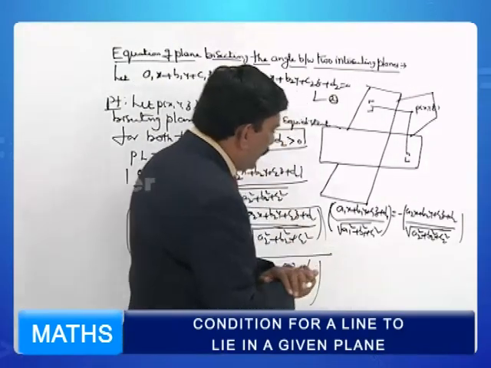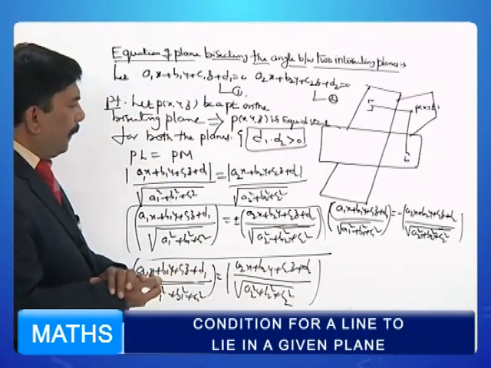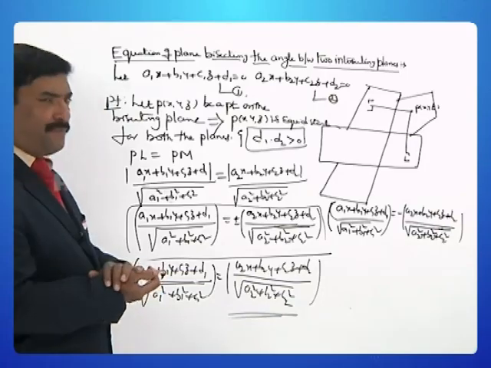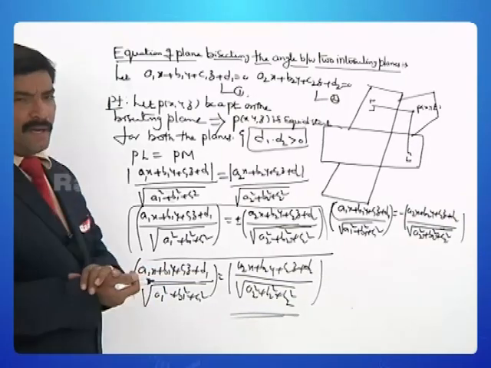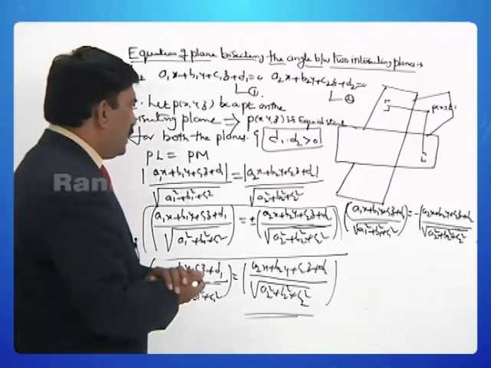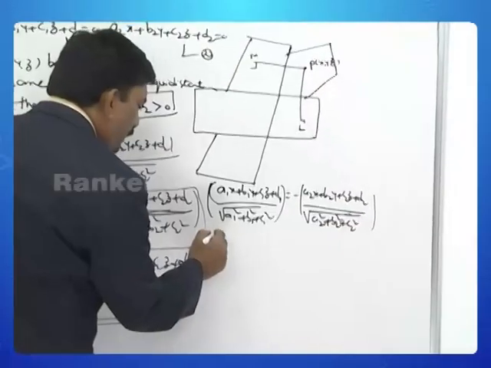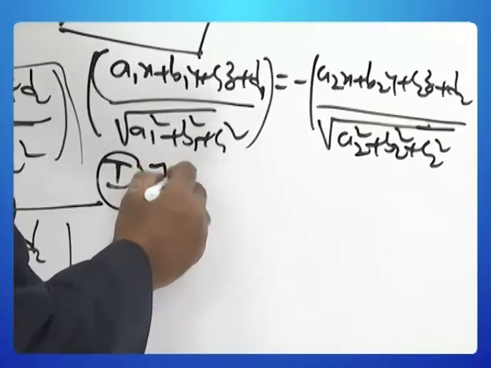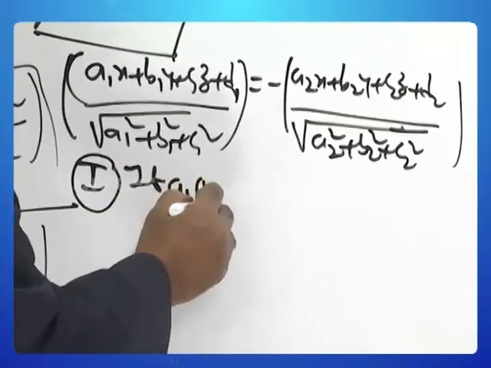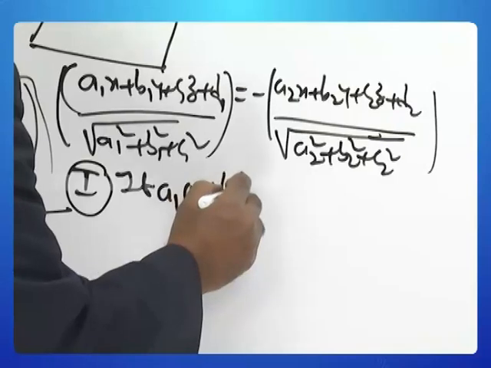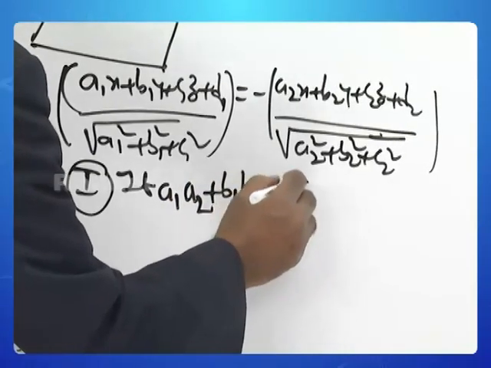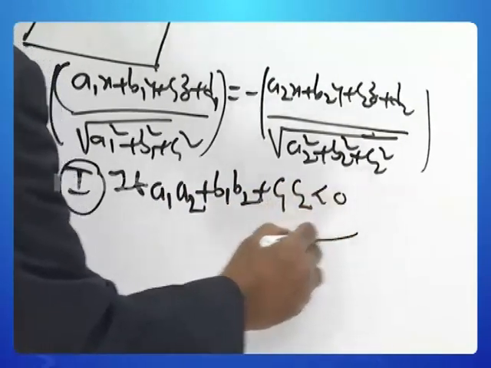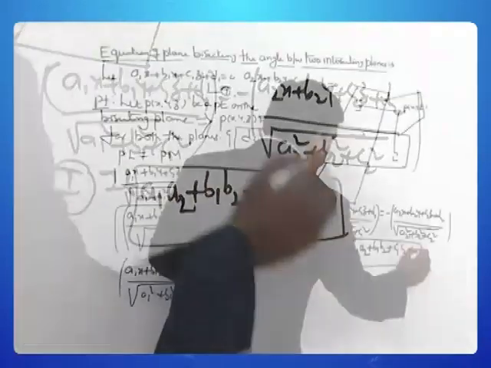Now, we shall verify one condition. What's the condition? The first and foremost thing is, if A1A2 plus B1B2 plus C1C2 is less than 0.